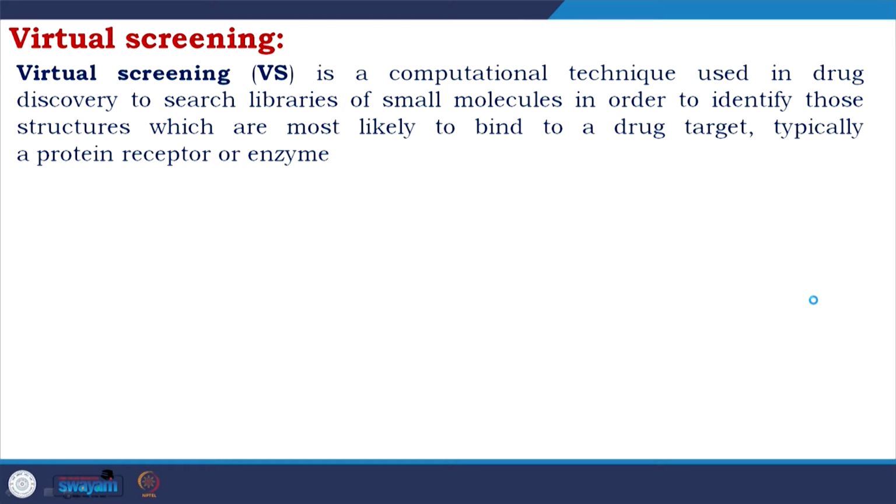What is virtual screening? Virtual screening is a computational technique used in drug discovery to search libraries of small molecules in order to identify those structures which are most likely to bind to a drug target, typically a protein receptor or enzyme. Definitions never really help people understand.